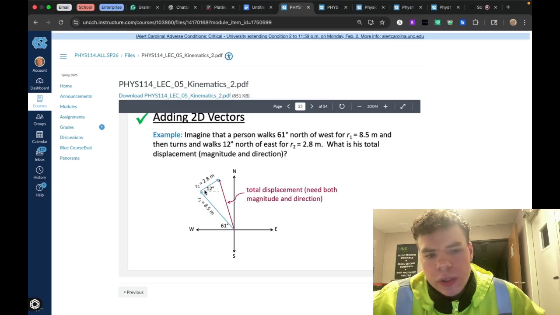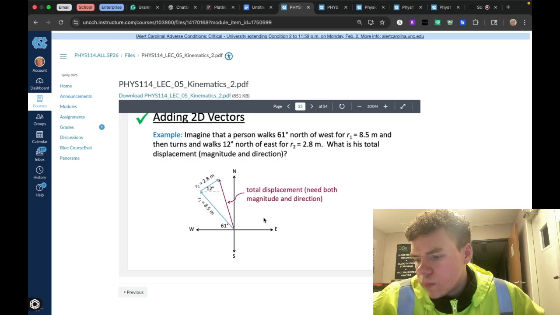So we need to find the x and y displacement here. And then once we have the total x and y displacement of both of the movements, we can calculate whatever this angle is, and then we can use Pythagorean theorem to find it, and then do what's right, tangent, to find the angle, I believe.